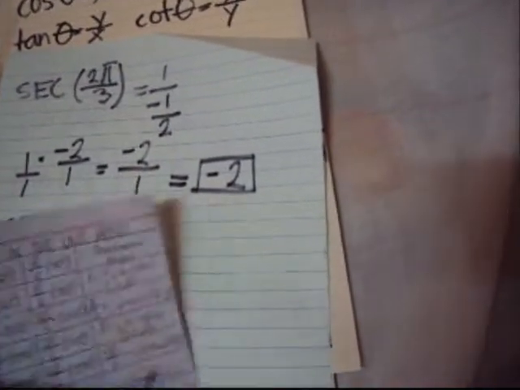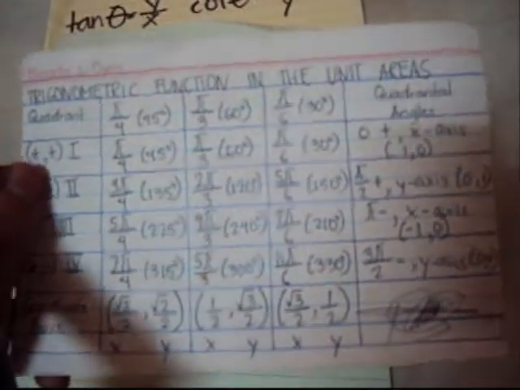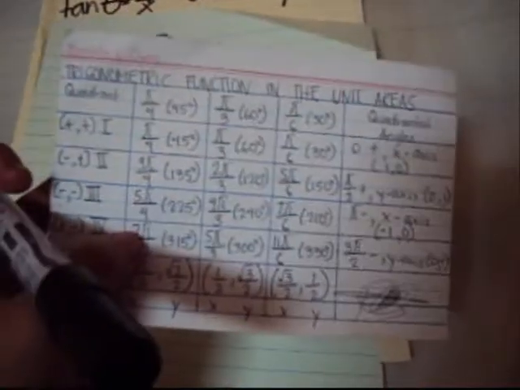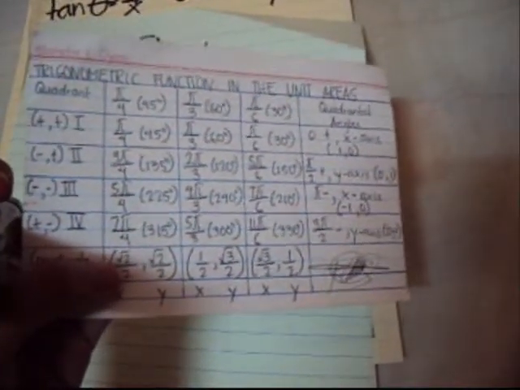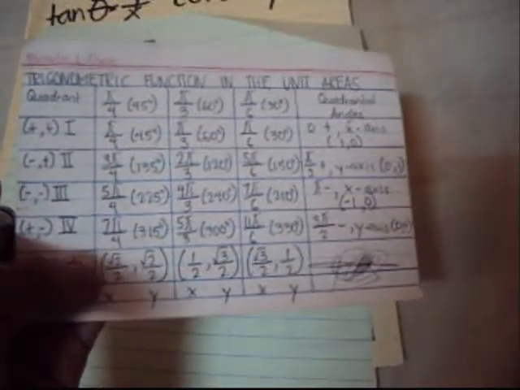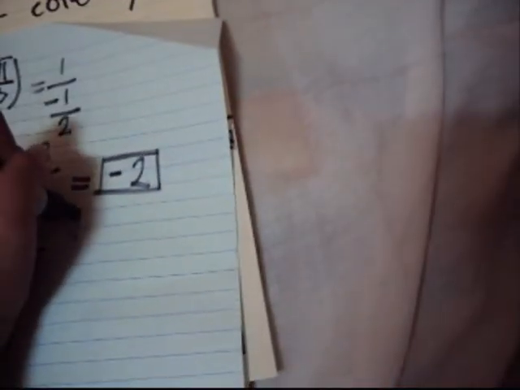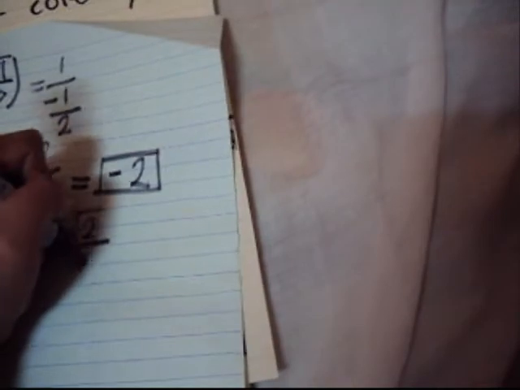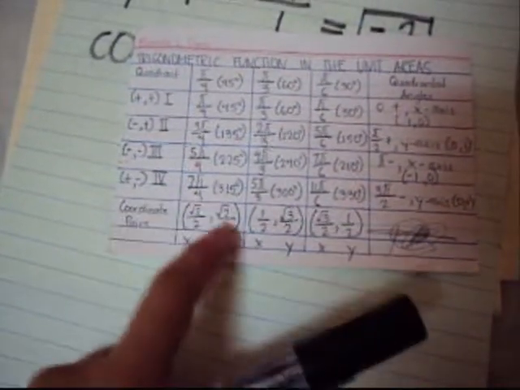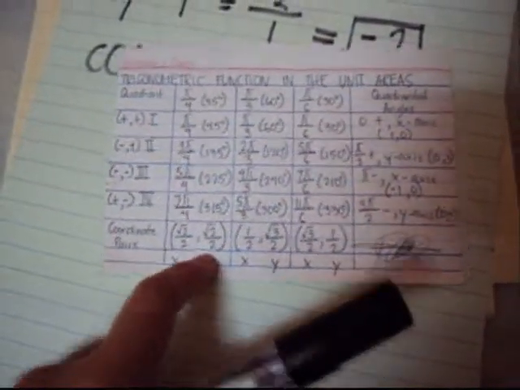So we need to find the x and y in our index card. So 7 pi over 4 is here. The x is positive square root of 2 over 2 and the y is negative square root of 2 over 2.